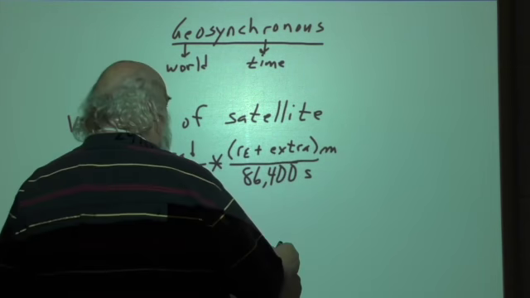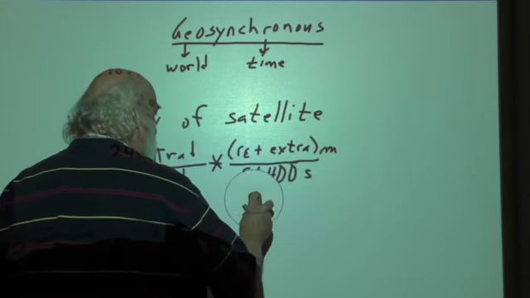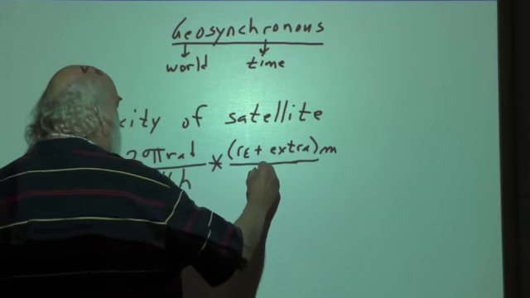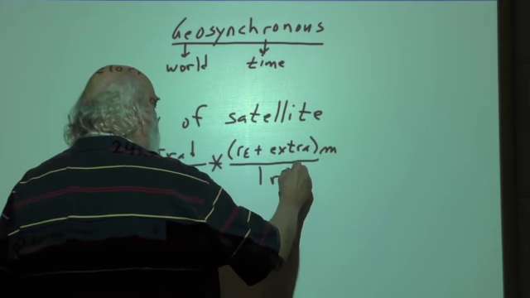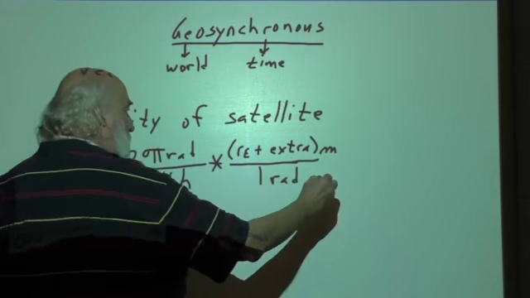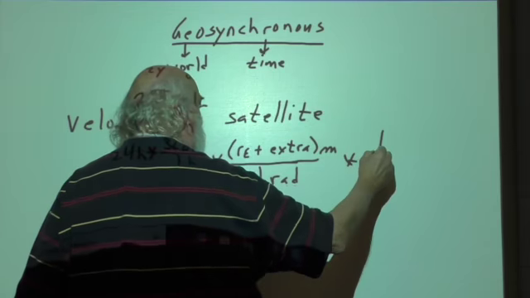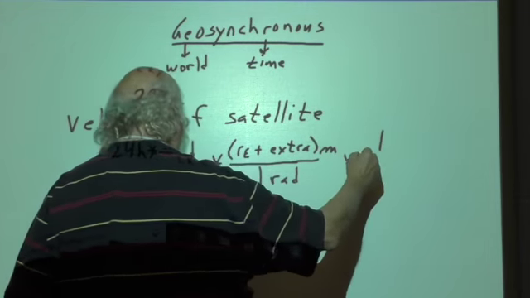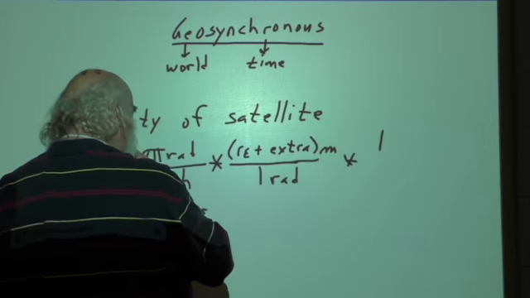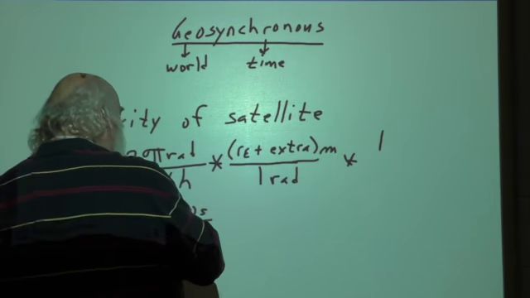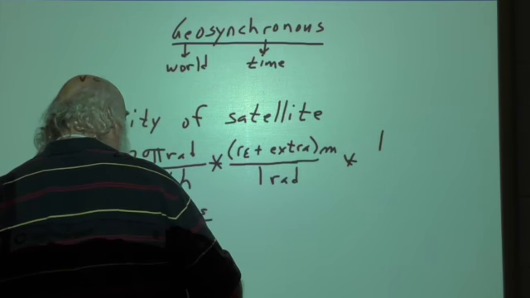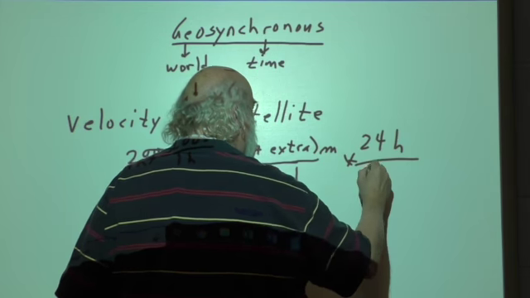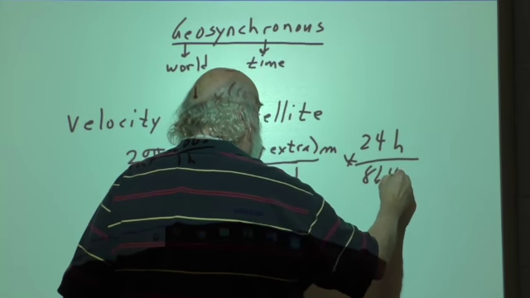Probably should have cut off my conversion there, so that was not good of me. So I put one radian here is equivalent to that radius, and then 24 hours over 86,400 seconds.